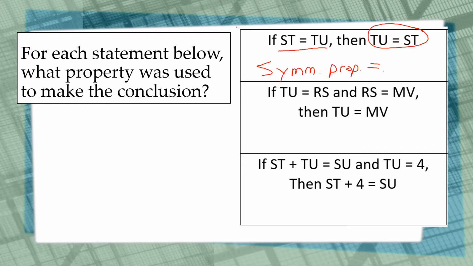The second one: if TU equals RS and RS equals MV, then you conclude that TU equals MV. Now again, notice that there is kind of a flow to this. I have TU is equal to RS, and then RS is equal to MV right here.